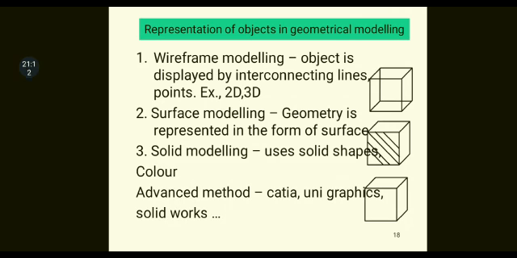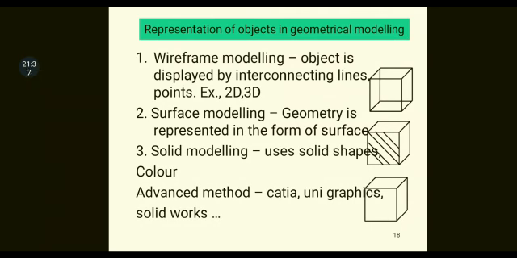The next, third one, is solid modeling. Solid, the word itself is telling. This uses solid shapes, color. We give different colors for different solids. The third one, the bottom one, if you check out, it's a cube which is solid.